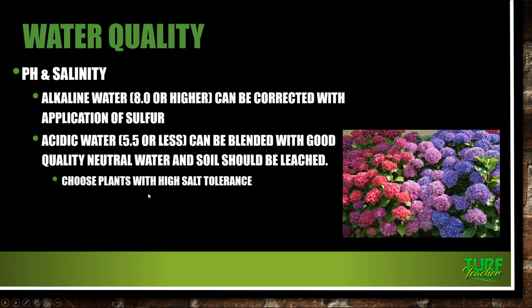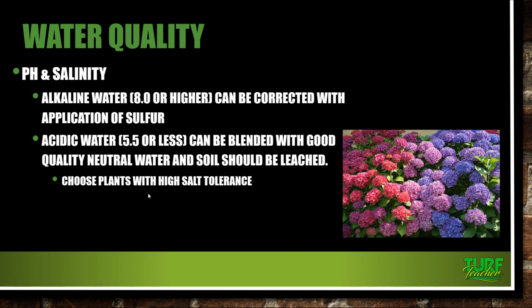pH and salinity. Alkaline water that's 8.0 or higher can be corrected with an application of sulfur. Acidic water, 5.5 or less, can be blended with good quality neutral water, and soil should be leached. And choose plants that have a high salt tolerance. And again, that goes back to knowing our plant materials.